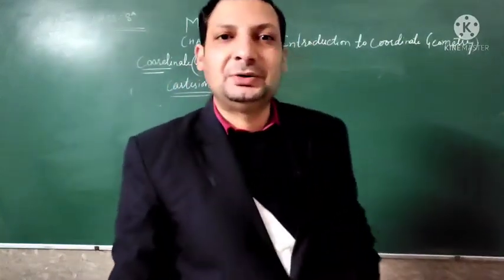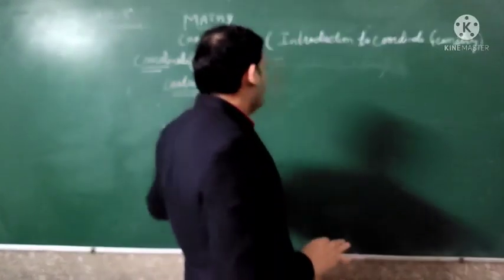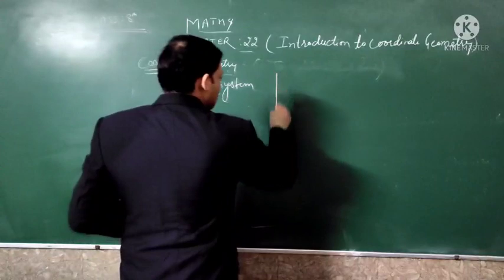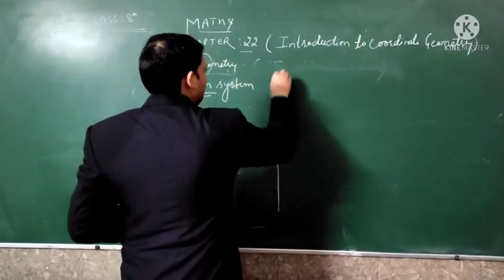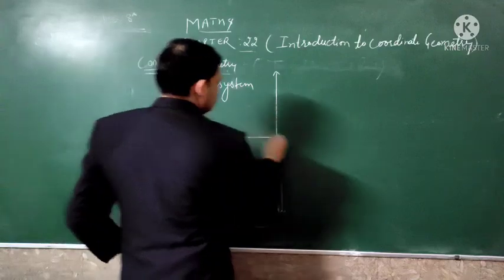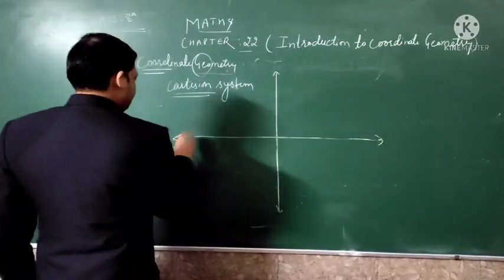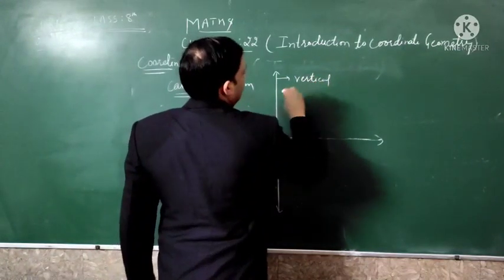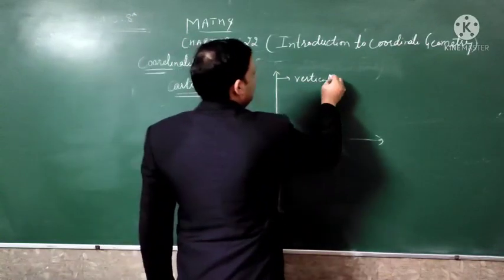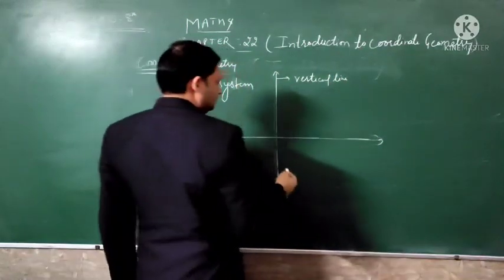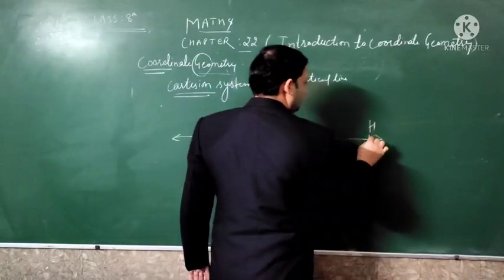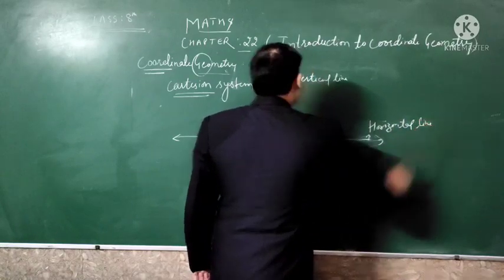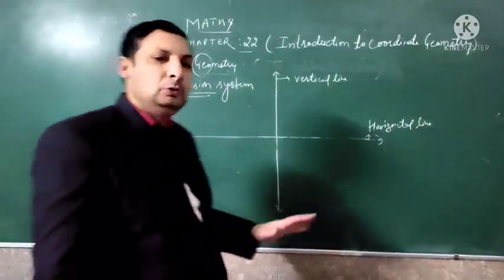To discuss the Cartesian system, we need a plane surface. This blackboard is called a plane surface. This plane space is divided by 2 lines.